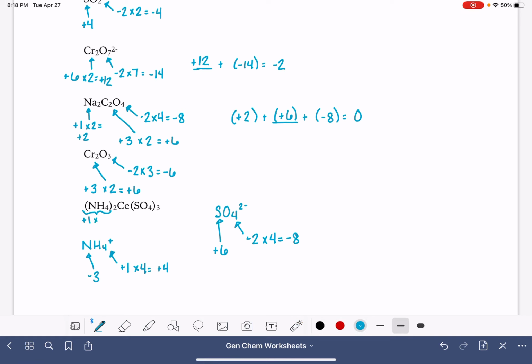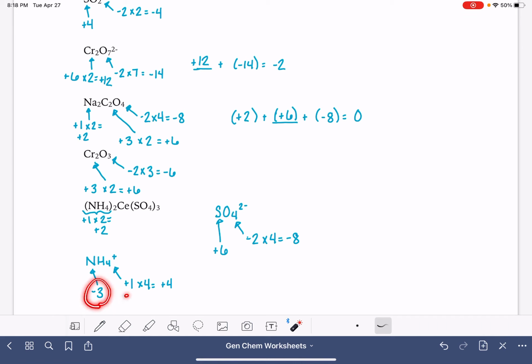And we have 2 of those ammonium ions right there. So altogether, our NH4 plus ions have an overall +2 oxidation number. That would be if we added up 2 nitrogens and 8 hydrogens, we would get +2.